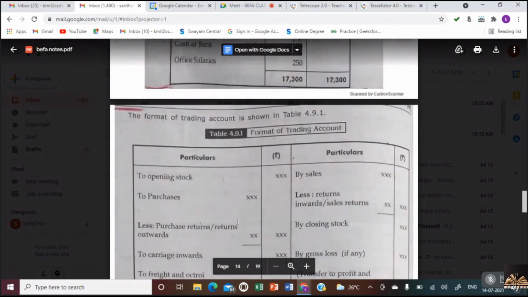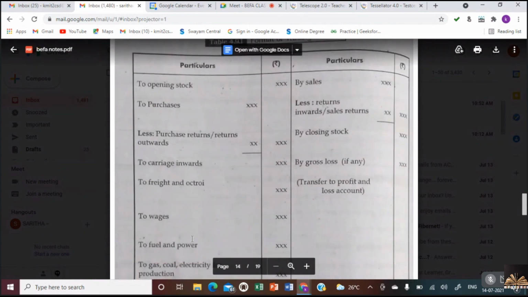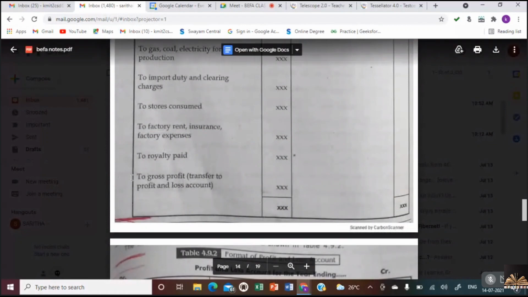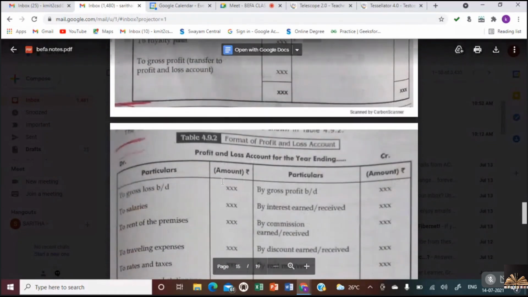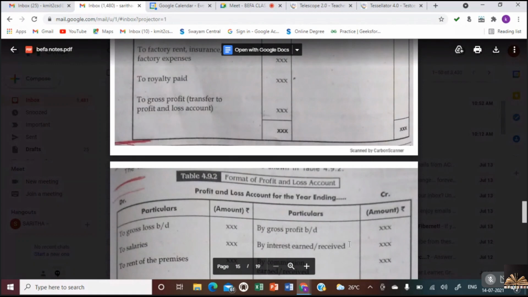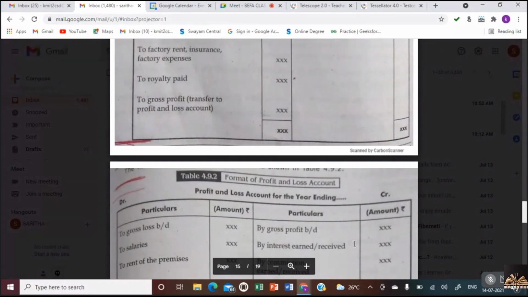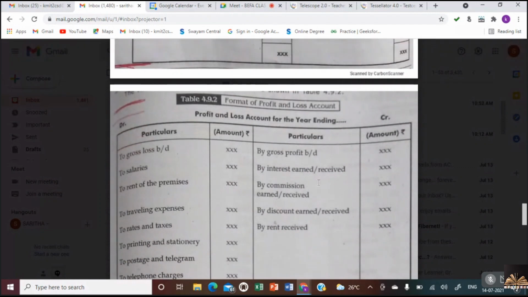Here, from sales and closing stock, if we subtract all these factory level expenses, we got the gross profit. This gross profit will be transferred to the profit and loss account by gross profit brought down. Here carried down, here brought down. C by D means carried down, D by D means brought down. So this we brought from the trading account.